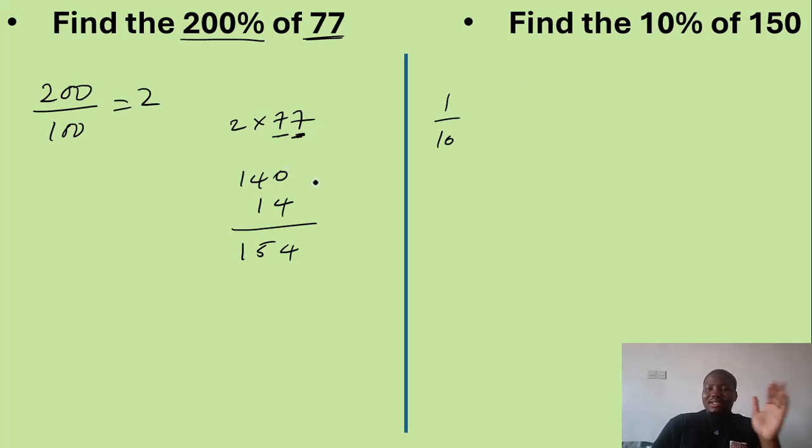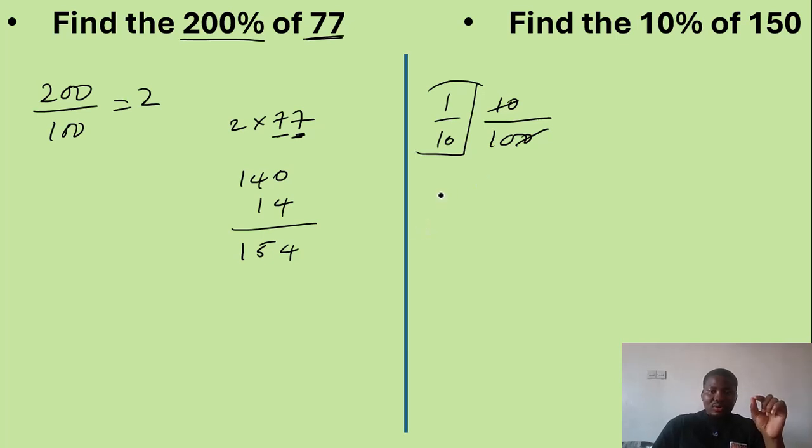So the reason why it is 1/10 is just because 10% is 10 over 100. So when you divide 10 here, you have 1, and 10 here, you have 10. That is why it is 1/10.